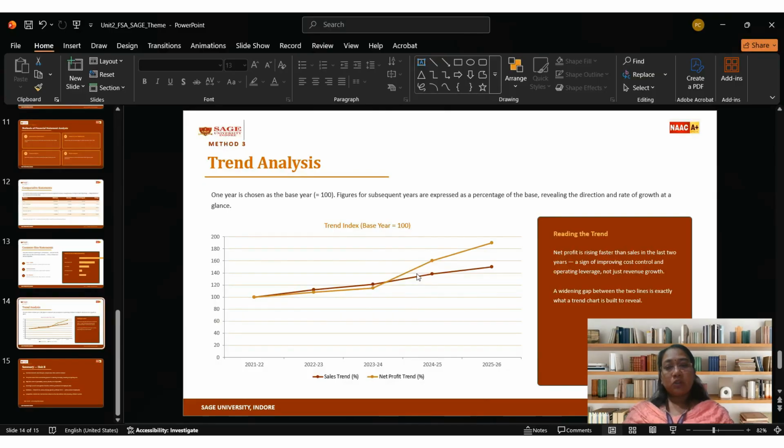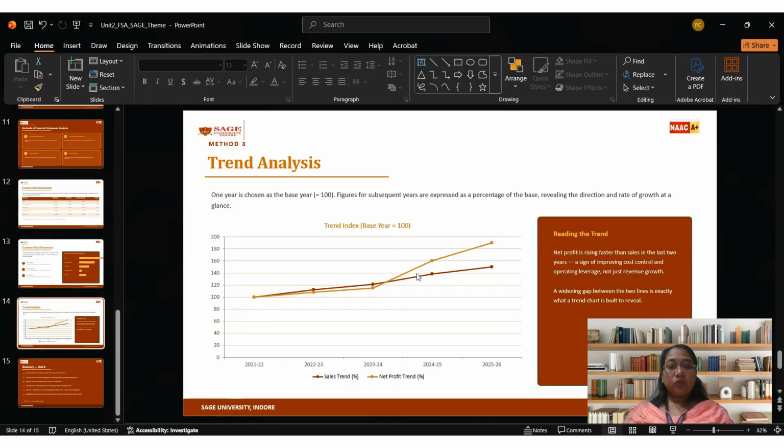Here is a simple comparative income statement for 2 years. Notice the structure. For each line item, we show the figure for the earlier year, the figure for the later year, the absolute change in rupees, and the percentage change. Look at sales.